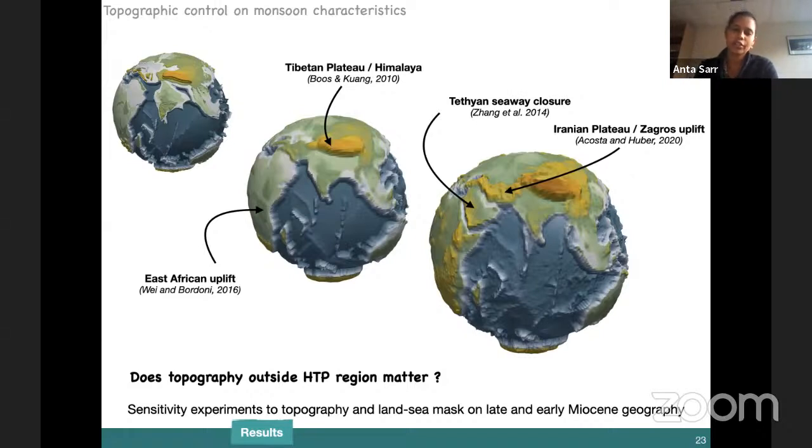Here, the geological timing is more controversial, but some studies evidence uplift activity rather recently during the middle to even the latest Miocene. And also because these features have been shown to have a strong impact on both circulation and precipitation in the monsoon region by Acosta and Huber 2020.